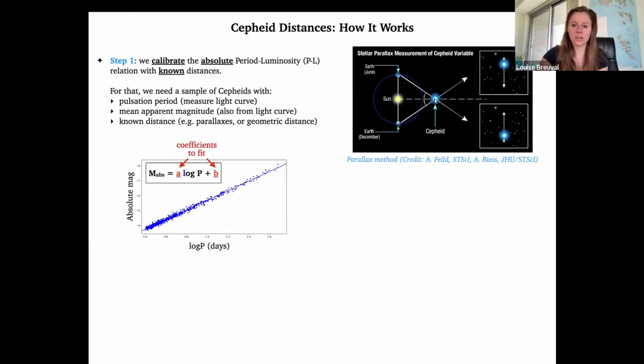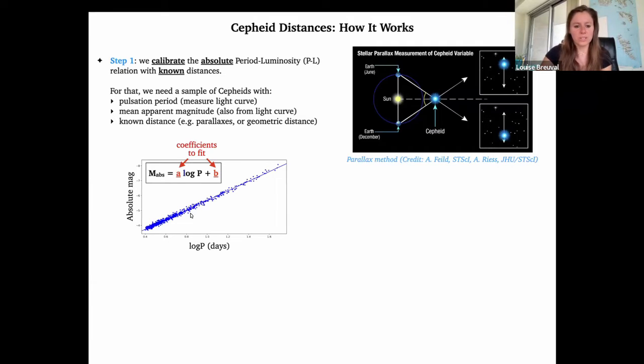So the closer the star, the more it will move during one year. This is the method that is used by the Gaia satellite. They measure the parallax of many, many stars in the Milky Way, and knowing these parallaxes gives you the information of the distance.